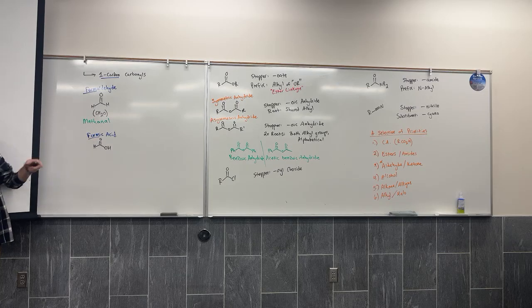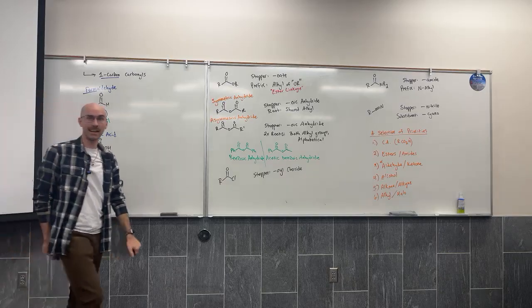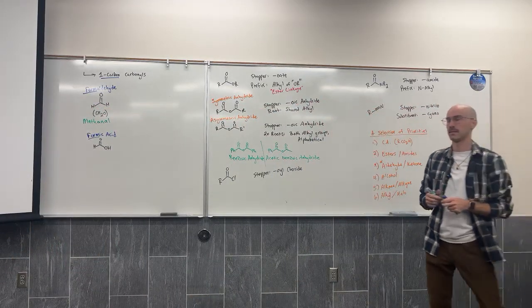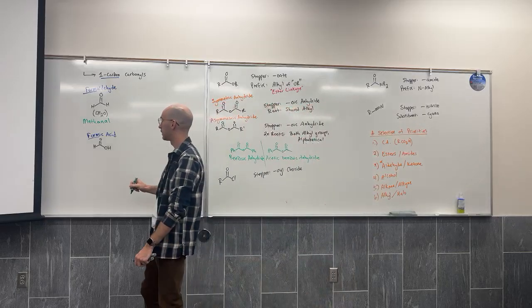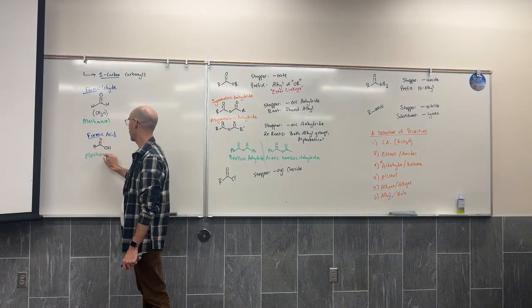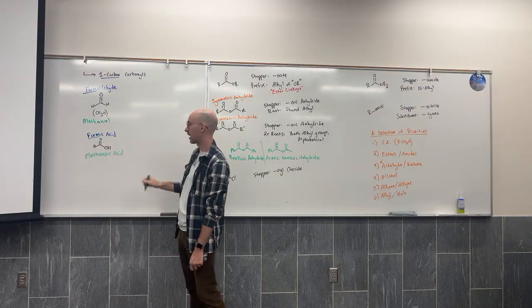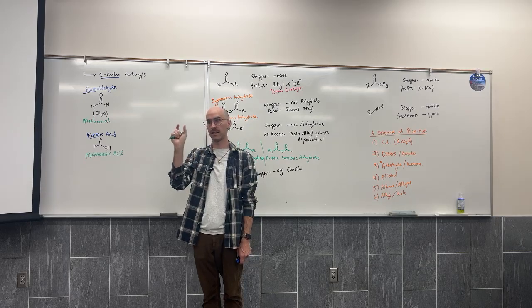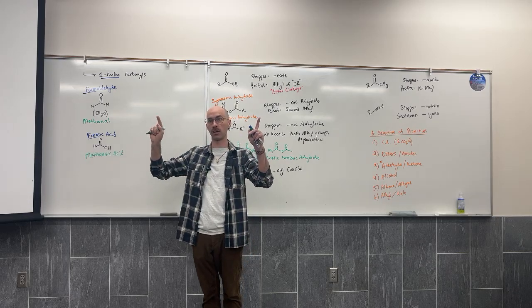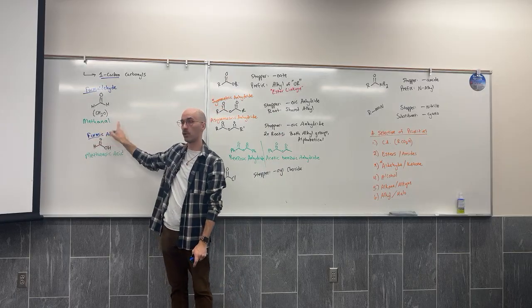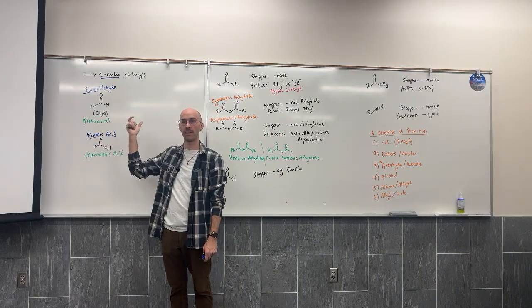Okay, anyways, formic acid. What would be a systematic name? Methanoic acid. Now I want to point out a difference between this systematic name and the common name, and it's the O. The systematic name, I told you that it should go oic acid, but we don't call it formoic acid, we call it formic.